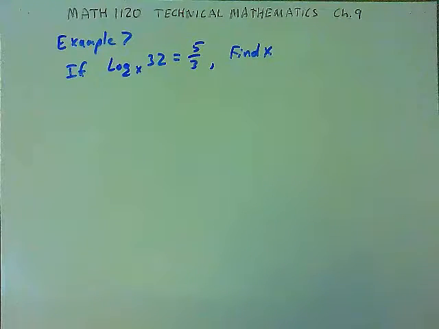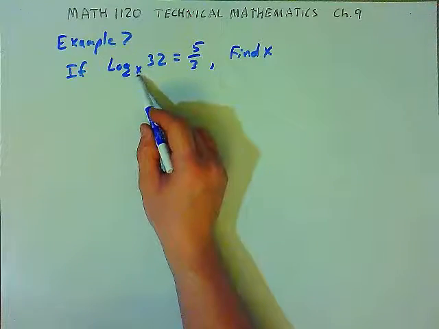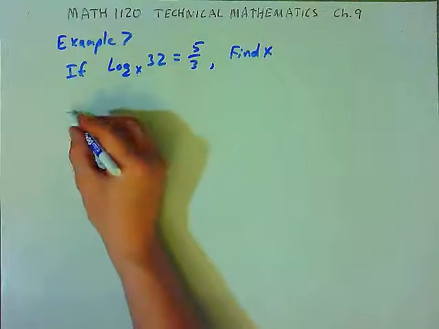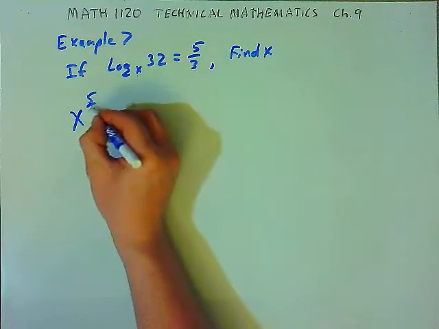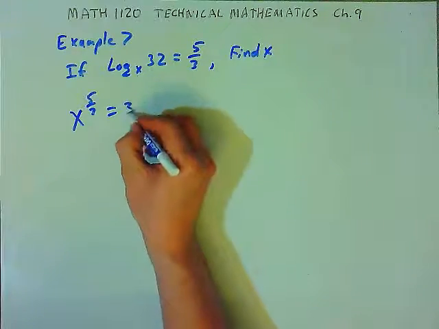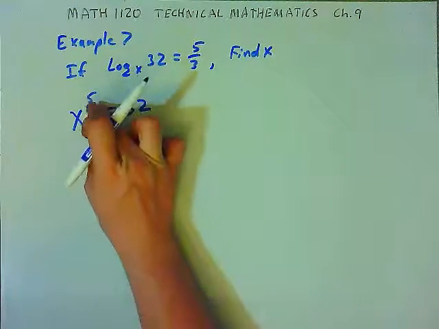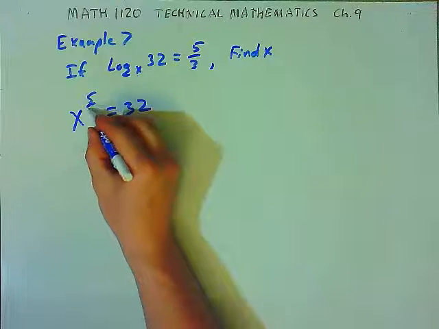Example 7 says if log base x of 32 equals 5/3, then find x. And again, this is going to be easiest to change this into an exponential form first. This is the same thing as saying that x to the 5/3 power is equal to 32. So just rearrange the values here to give me the exponential form.